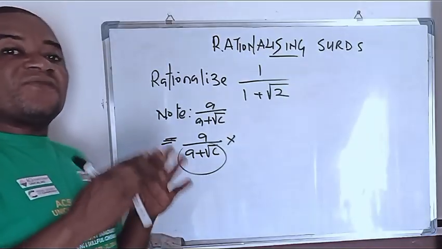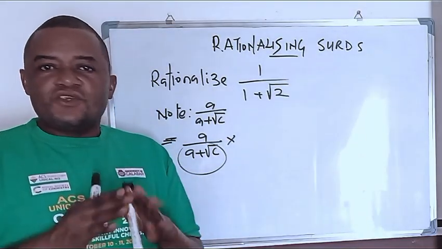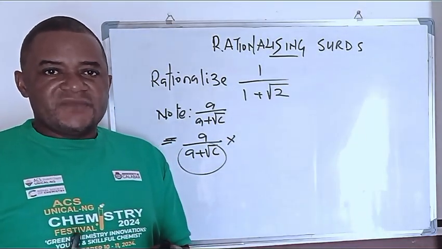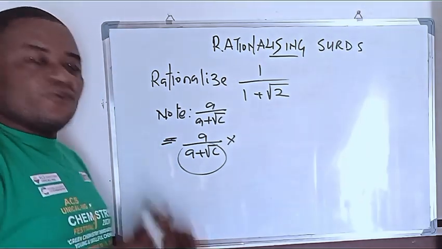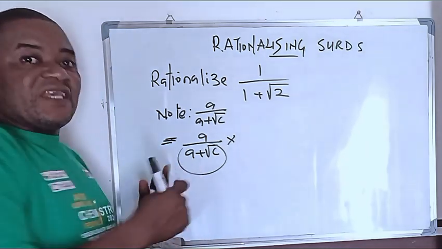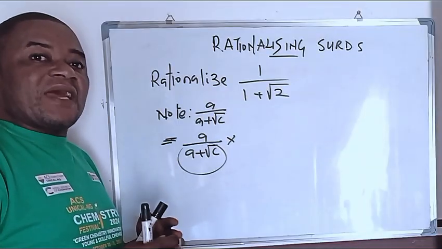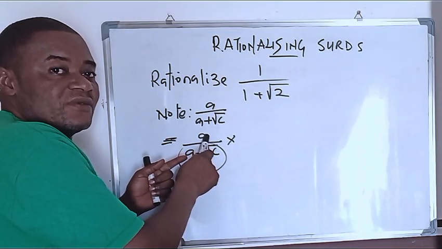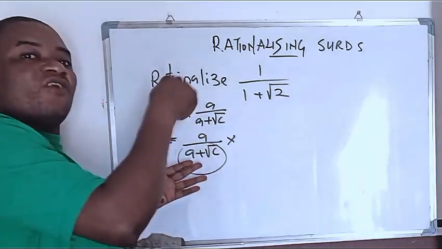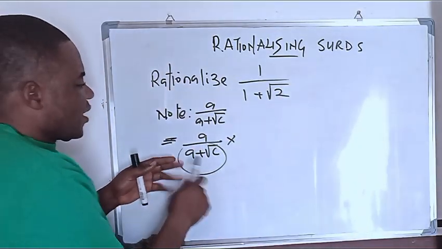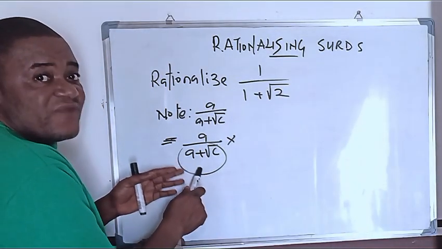That is the first step of rationalizing your surd. You first use the denominator of the given surd to multiply the numerator of the given surd and then the denominator again of the given surd. That means we are going to create a fraction of this, but in the inverse form.